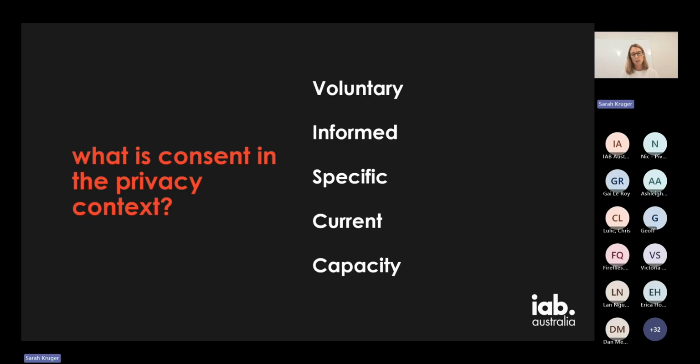Capacity we talked about, which is be careful when you're talking about children. So consent, be careful in the relatively limited circumstances when you need it. You need to make sure it is proper consent. Remember, just having it noted in your privacy policy is not enough.